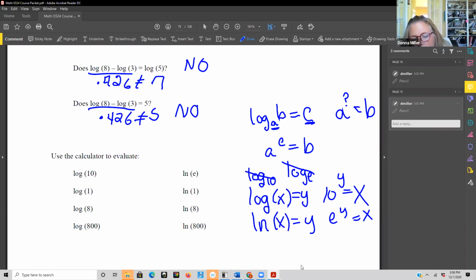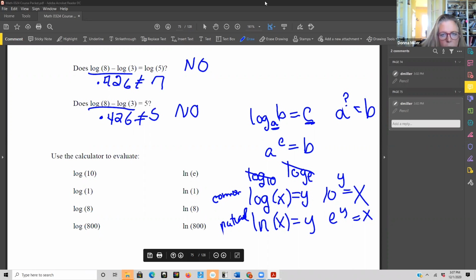This is called a natural log, and the other is called a common log. Anything else is just a log. In calculus, more often than not, we use ln's because they're easy to work with, believe it or not. But we're going to find some logs on the calculator, so I'm going to do that real quick.